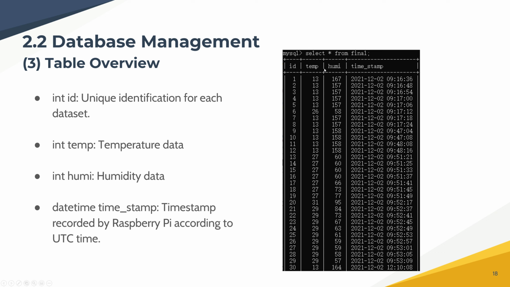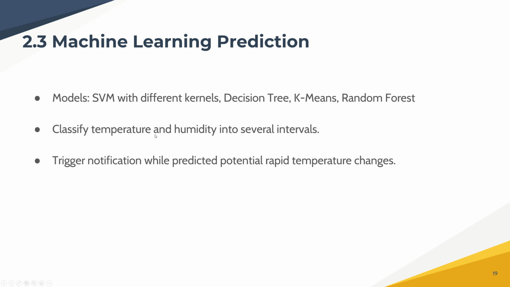The ID, temp, and humidity are all integers, and we have datetime as the format for the timestamp. The timestamp recorded by the Raspberry Pi is its local time, which is converted into UTC time and then stored in the database.